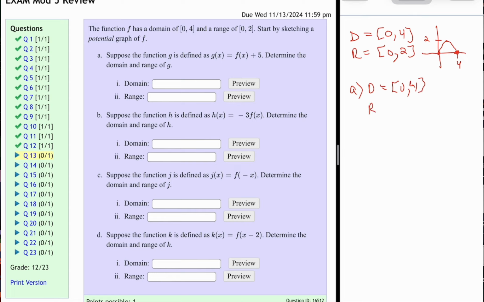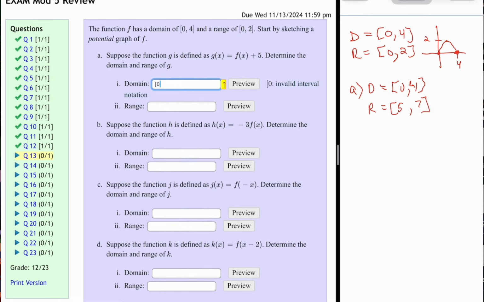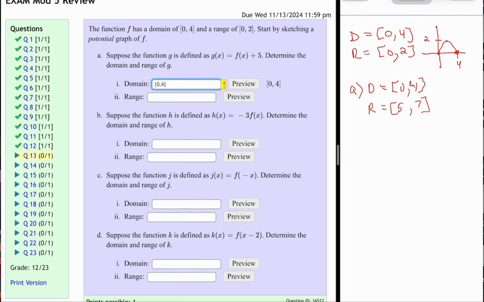This time, though, your range, lift both of those ends up 5. So if we add 5 to 0, we get 5, and then add 5 to 2, we get 7. So let's put those in. Since they use brackets, you have to use brackets to include those points.